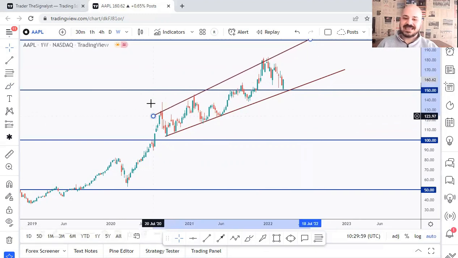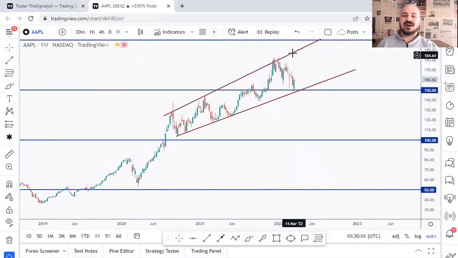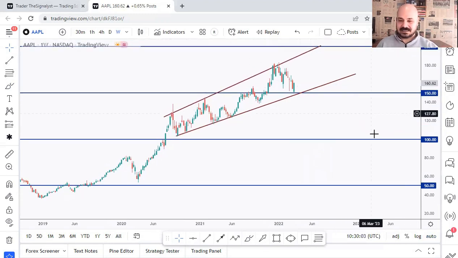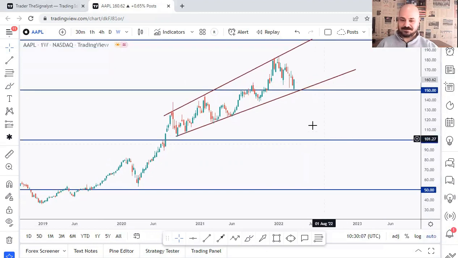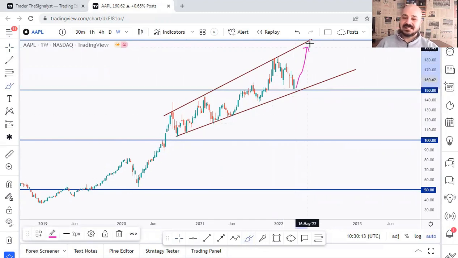In this case, we've got a rising broadening wedge, because the upper trend line is going higher and higher and is not parallel to this particular one. So we're overall bullish, trading inside these two brown trend lines. The upper trend line is acting as an overbought area, or also as a non-horizontal resistance, which, as you can see, also intersects here with around our round number 2.